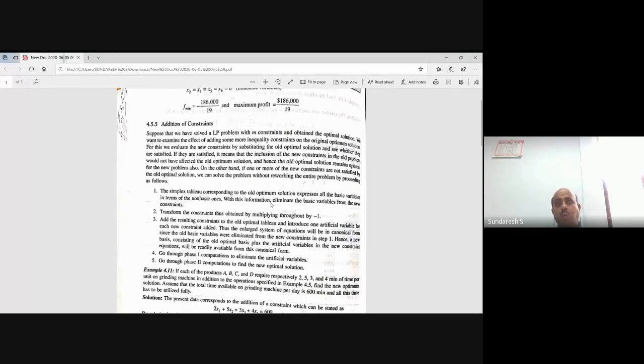Now what we have to examine is the effect of adding one or more inequality constraints to the optimum solution. How to evaluate this? This can be evaluated by substituting the new constraints in the optimum solution and seeing whether they are satisfied.